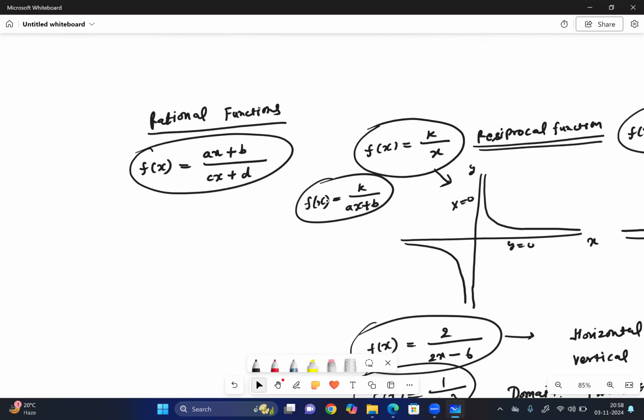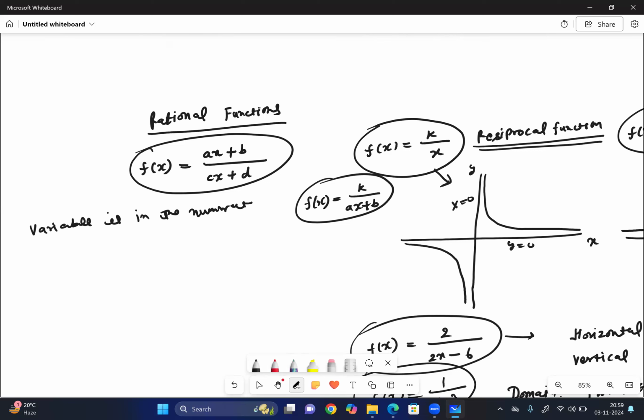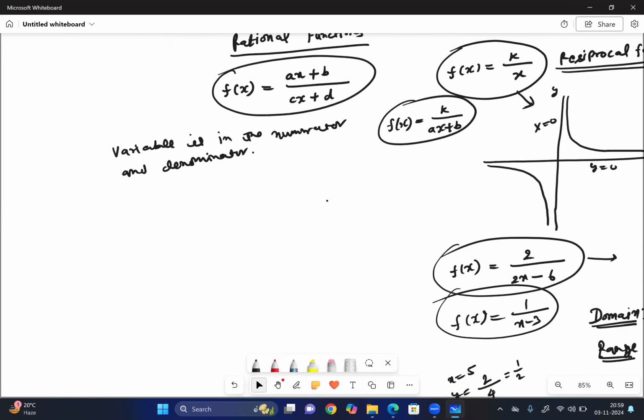So now let's come to the rational functions. Rational functions are when we have a variable in the numerator and denominator. Over here we have linear in the numerator and linear in the denominator.